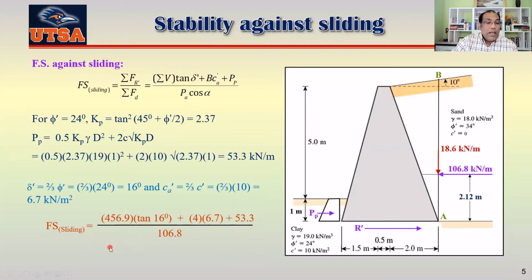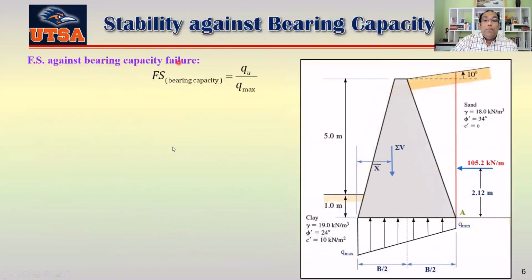So if you calculate that, your factor of safety is almost 2. If your factor of safety is less than 2, in practical life, you might have to redesign your wall section.